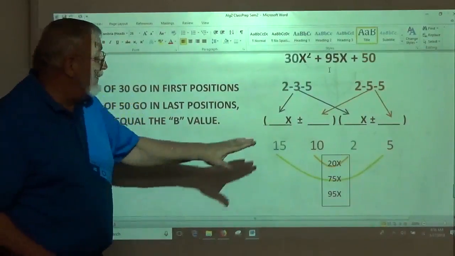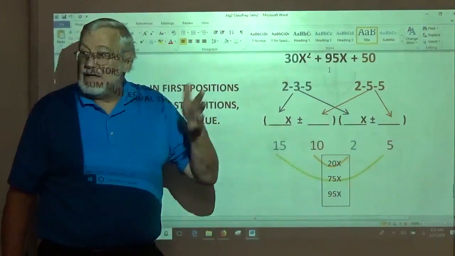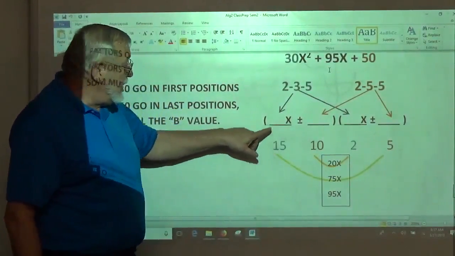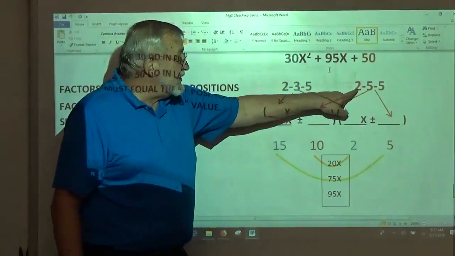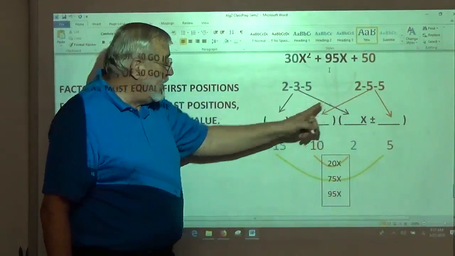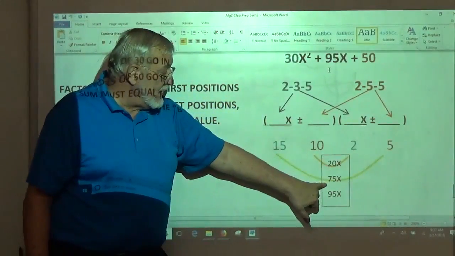Because if I have all even numbers together, I can't get an odd sum. Okay? So that means that when I'm looking at this, I can't have the 2 and this 2, I can't have them on inside and outside.